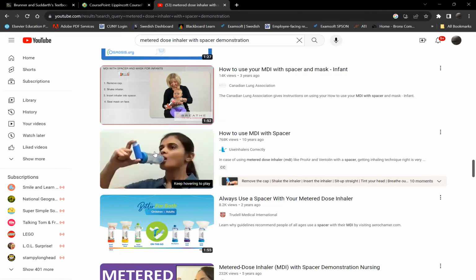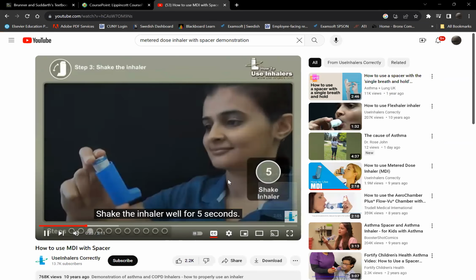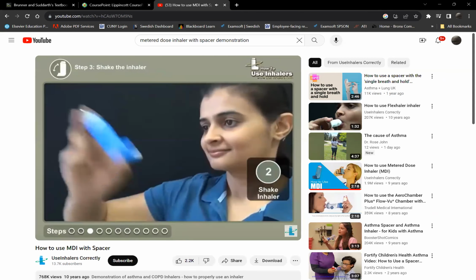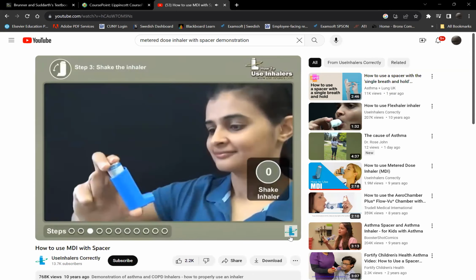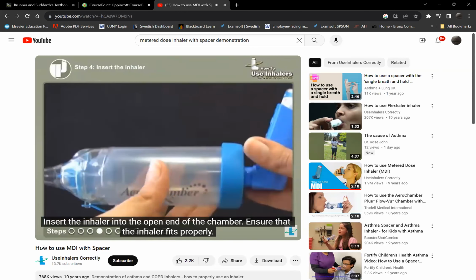So here's the recommendation for those people, again, very young kids, or when in your observation they can't do the timing correctly, then recommend they use a spacer. So this is the best way to use your metered dose inhaler. Insert the inhaler into the open end of the chamber. Ensure that the inhaler fits properly.